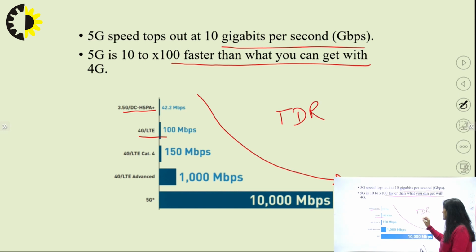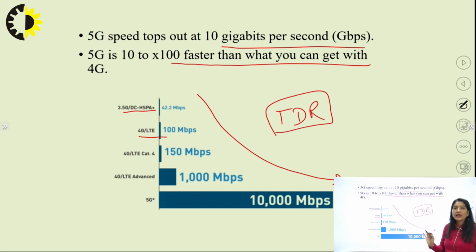These are not practical data rates, and I need to mention this, because the practical data rate is very different from the theoretical data rate. The practical data rate depends upon the environment in which you are using the network and the device you are using. There are so many factors by which your practical data rate is driven. So these are the theoretical data rates.